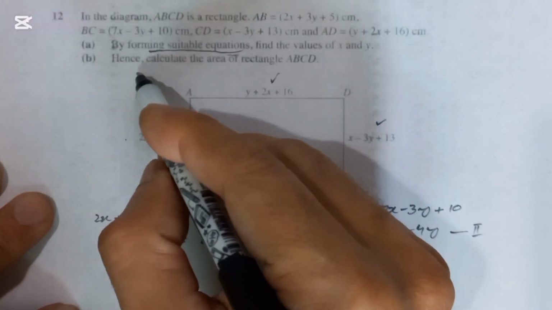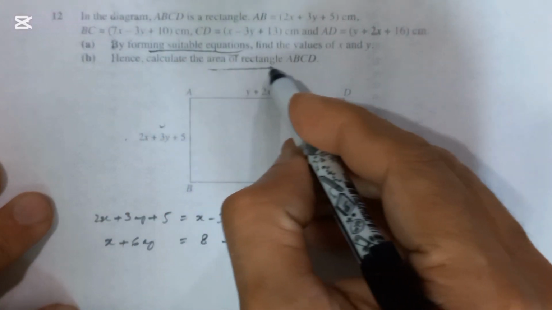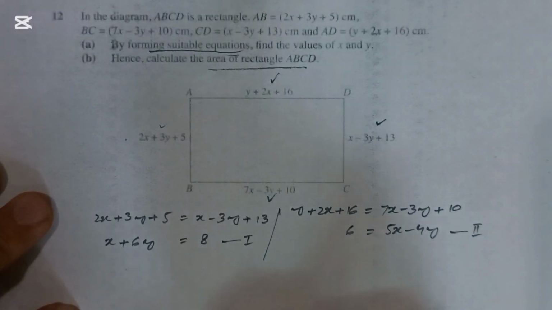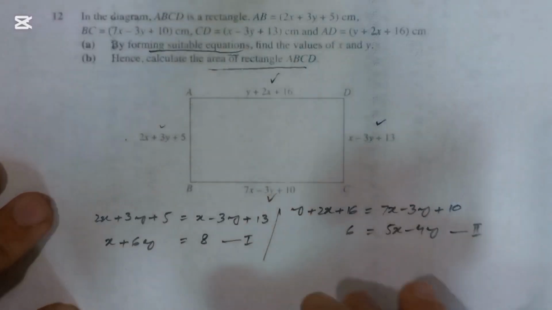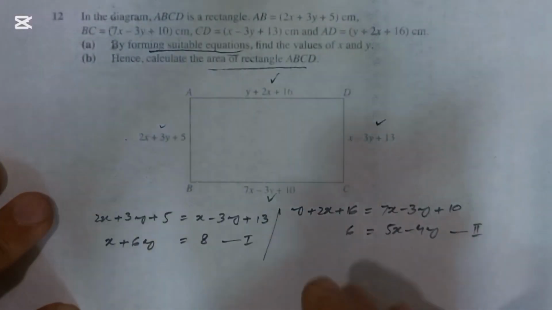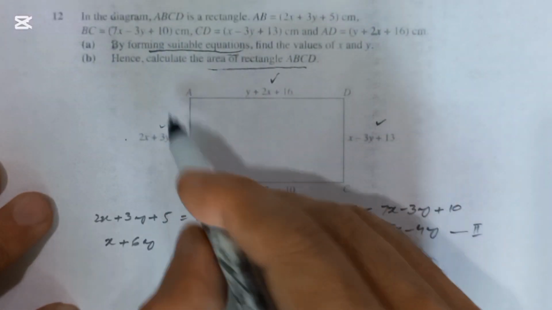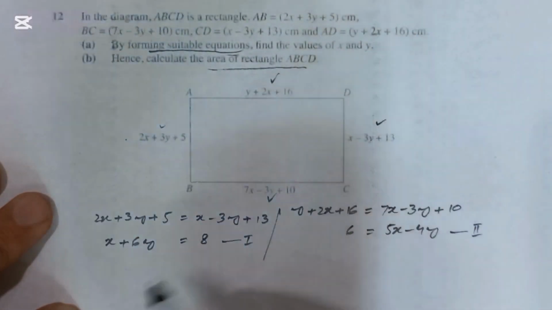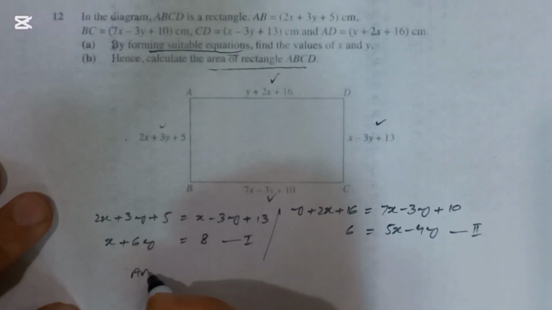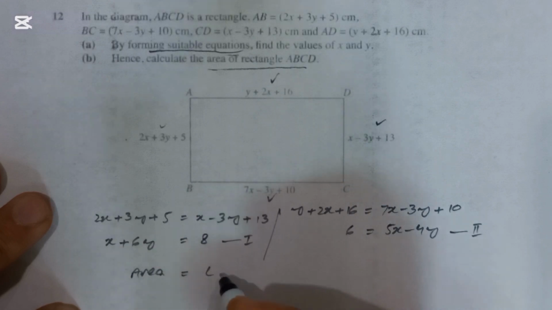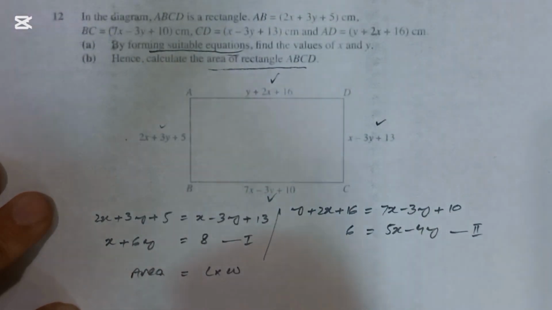Okay, beta, B part is, hence calculate the area of the rectangle. After getting the values of x and y by the same procedure, you will put x and y in length and breadth, because the area of the rectangle is, you know, length multiplied by width or breadth.